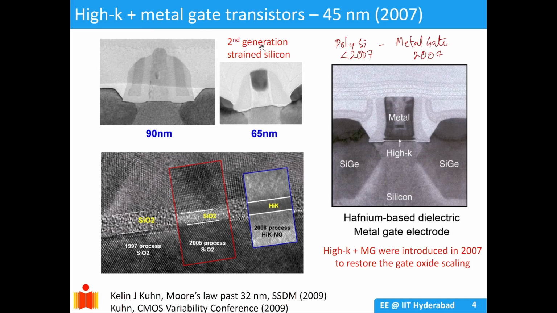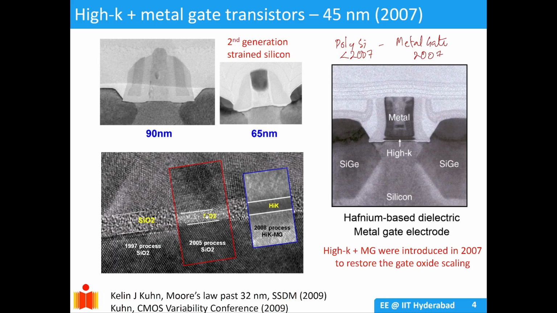Next we do high K dielectrics and metal gate transistors. So we want to reduce the gate equivalent oxide thickness, but if we go more and more with SiO2 reduction, then tunneling effects will start.